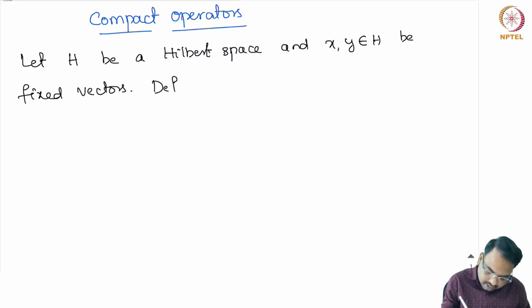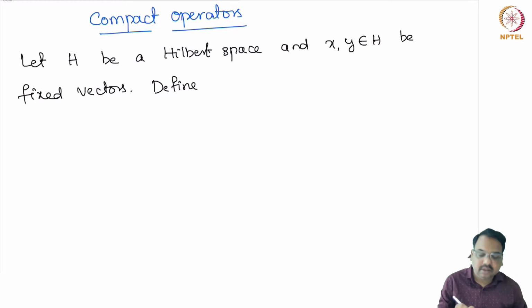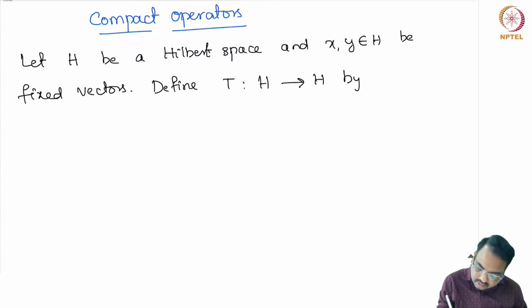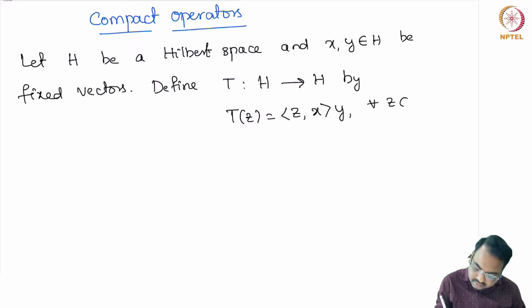So we can define an operator T from H to H by T of z as the inner product of z with x, multiplied by y, for every z in H.